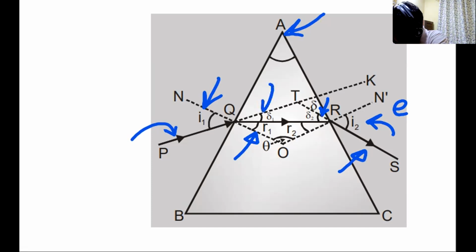Then we have this angle delta 1, which is the angle between the original incident ray and the refracted ray. If I add this delta 1 with delta 2, I will get the total angle of deviation, which is nothing but this angle delta. Do you all see this angle delta?